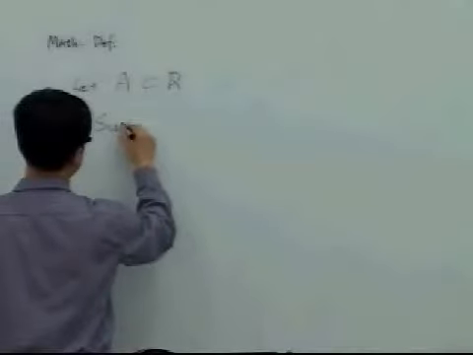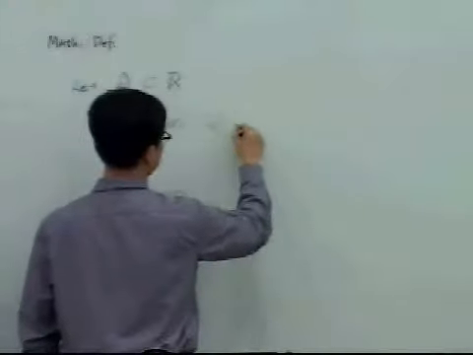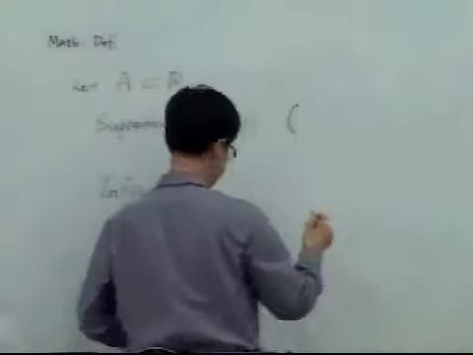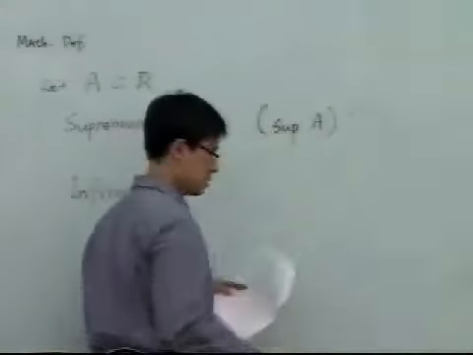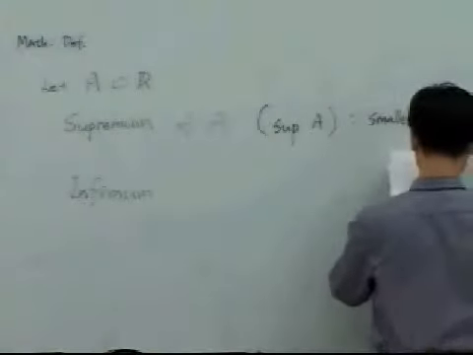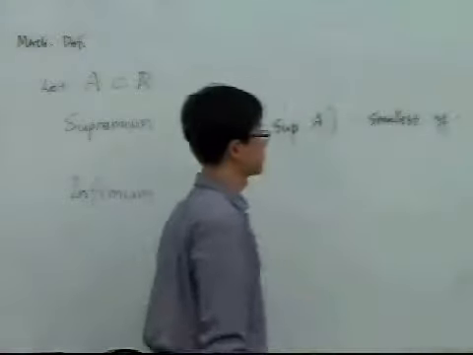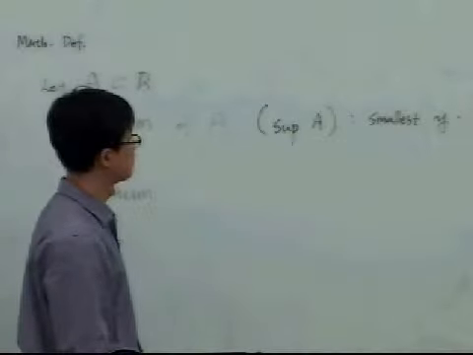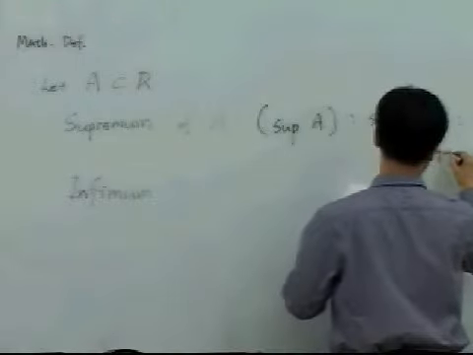Supremum and infimum of A. We usually write this as sup A. It is defined as the smallest y such that x is less than or equal to y for all x in A. In other words, it's the largest limit point.